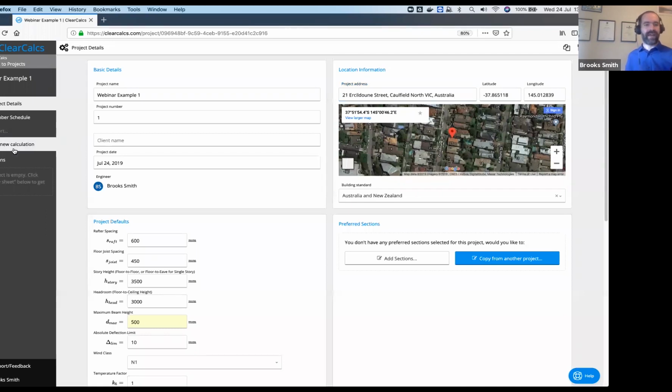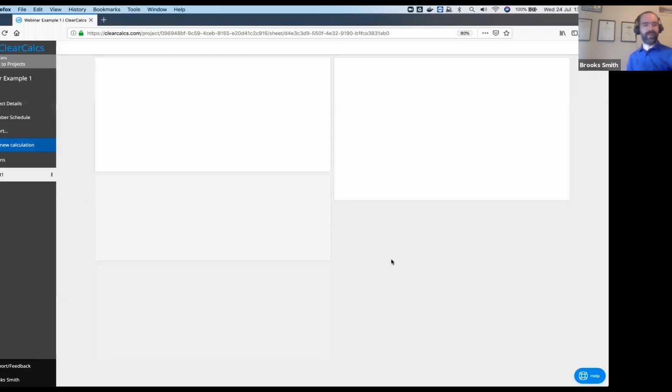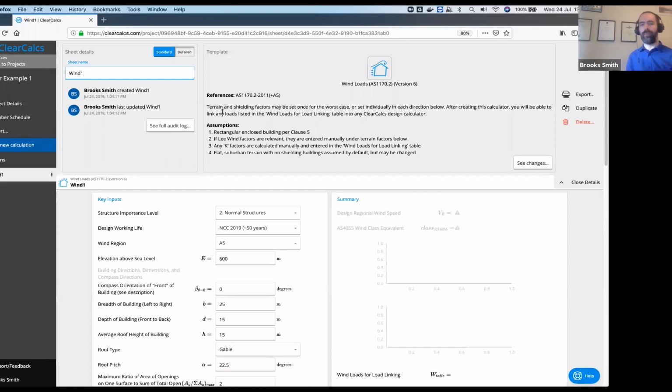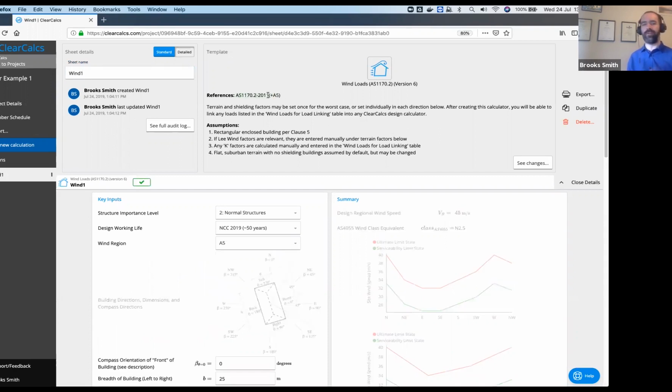We can then add a wind load calculator, so calculating wind loads via AS1170.2. We'll load you up with telling you what references we're using. So this is 1170.2, including 5 different amendments to it, to version 2011. Some brief instructions.